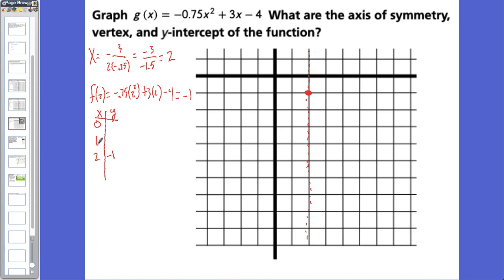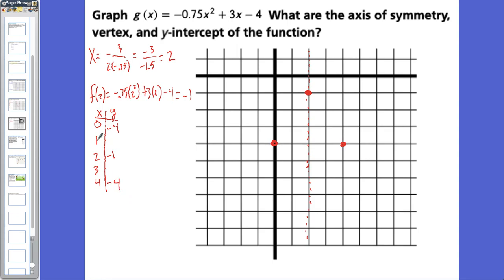Because I want to put a 1 there, and then I'm going to need a 3 and a 4. Okay. So the 0 is at negative 4. 1, 2, 3, 4. And then I could do 1, 2, 1, 2. So that would be at 4, negative 4.